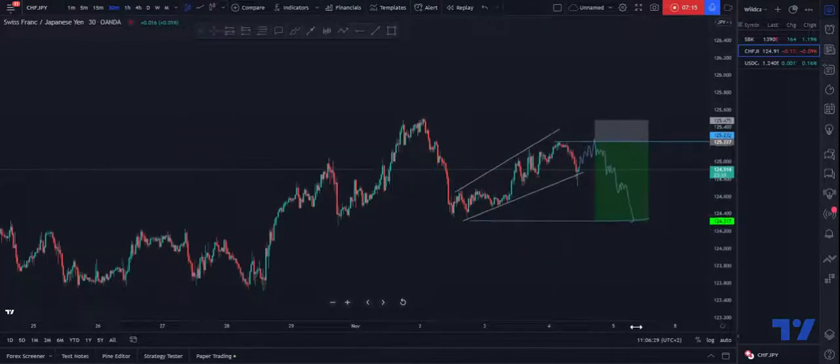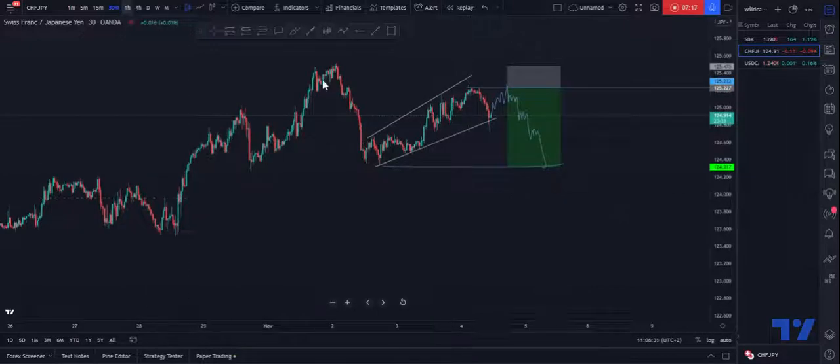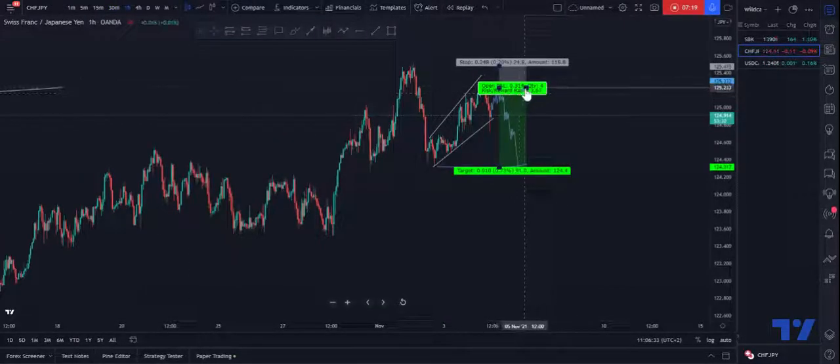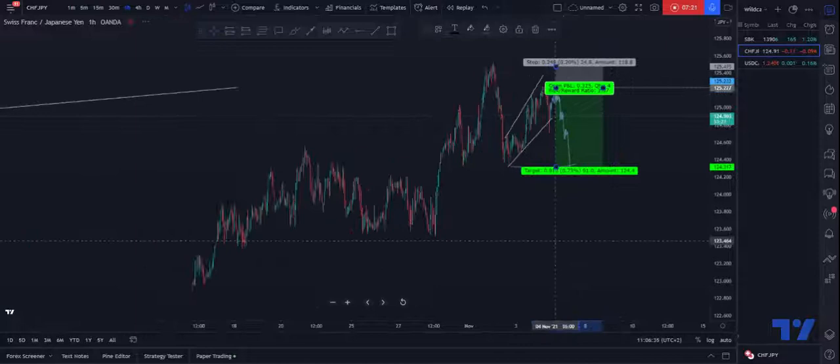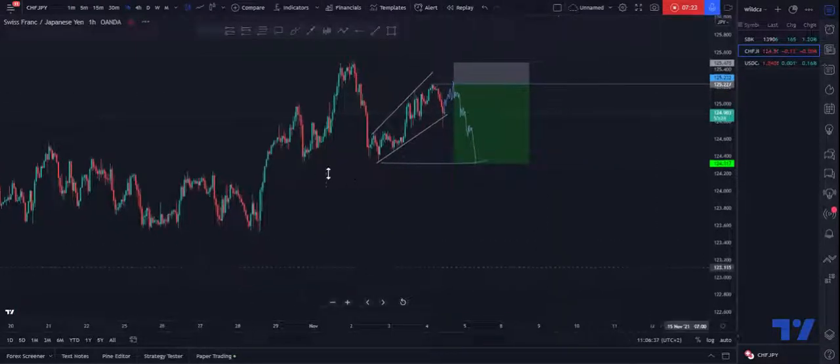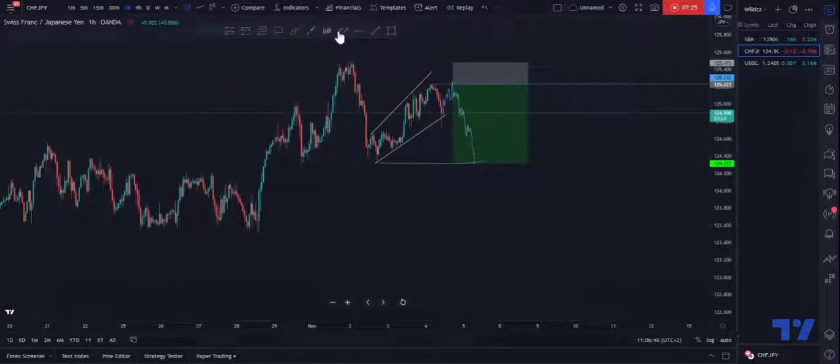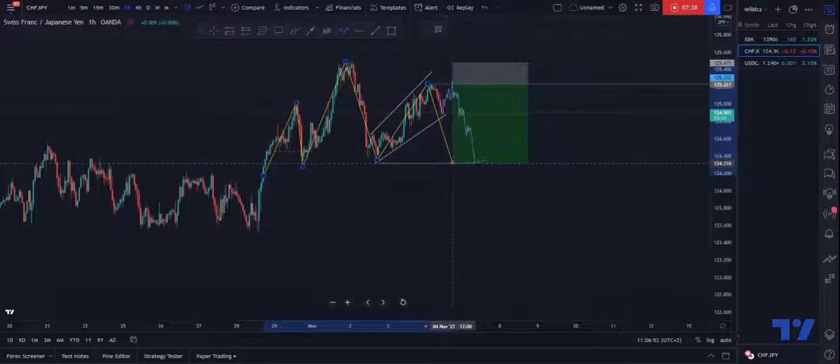So this is what I'm looking for on the CHFJPY, which is a Swiss yen pair. Beautiful pattern. We have a large head and shoulders pattern. We have this left shoulder, we have this head, and now we're trying to complete this right shoulder.